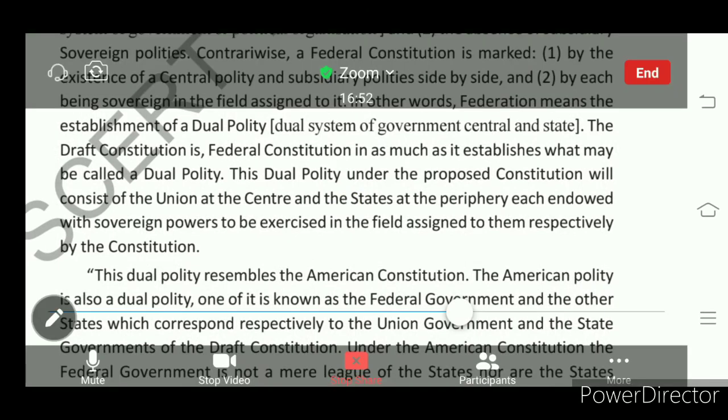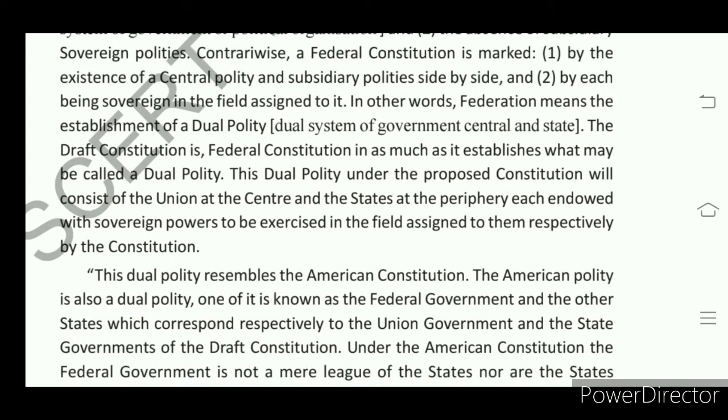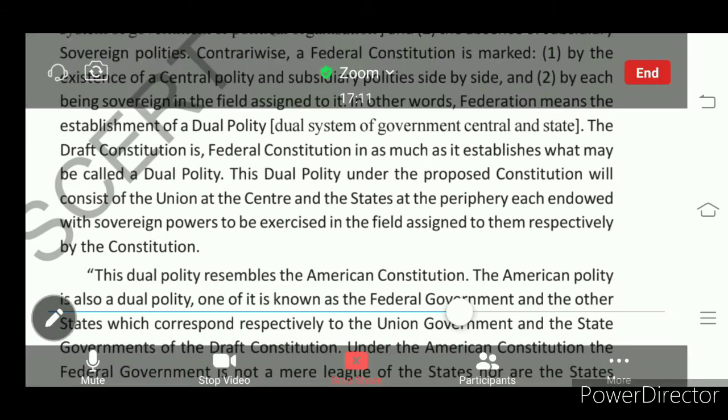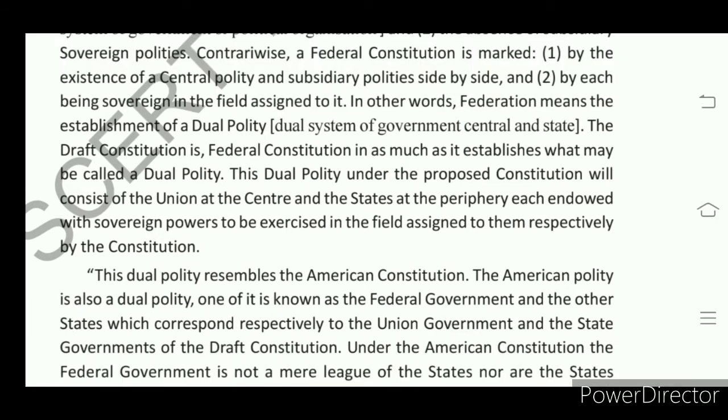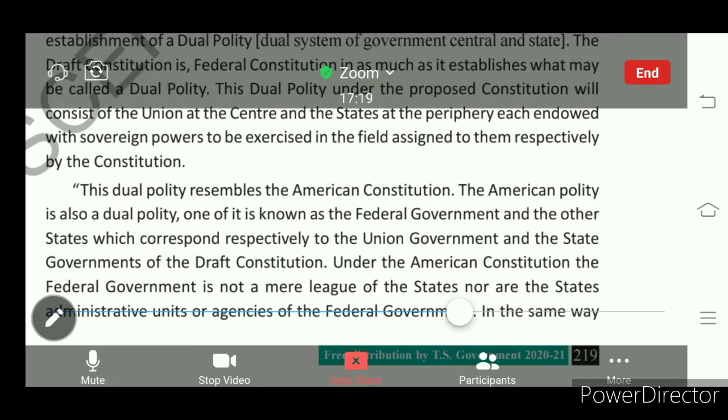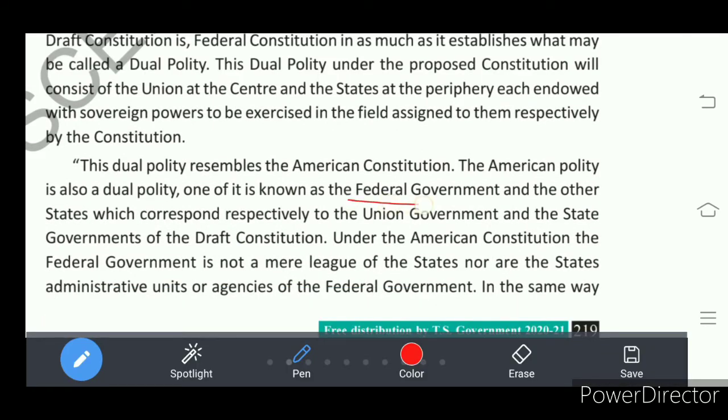Our draft constitution says that in India there is a dual polity, and this dual polity is similar to the dual polity of the American Constitution. In America also we find dual polity: one is the federal government at the national level, and at the states level they have state governments.